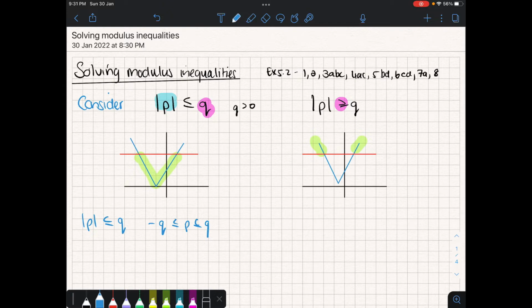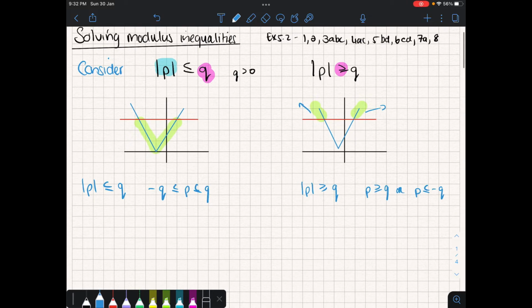So once again, we can generalize and say that when we want to find out when a modular function is greater than a constant, again this constant has to be greater than 0, either the modular function is going to be greater than Q, because it's on this outer edge here, or alternatively, we want to know when it is less than negative Q, and that is when it occurs over here. So we've generalized two rules just by looking at these things visually.